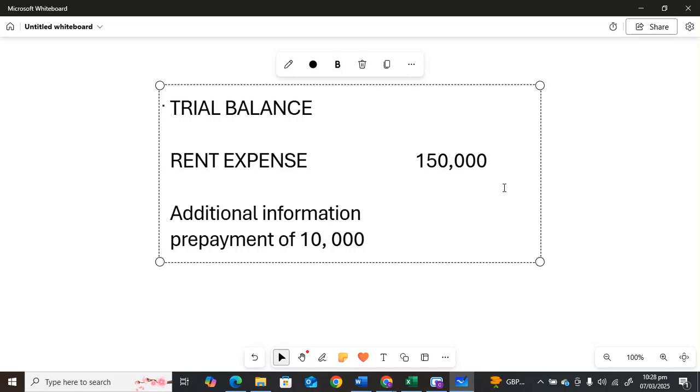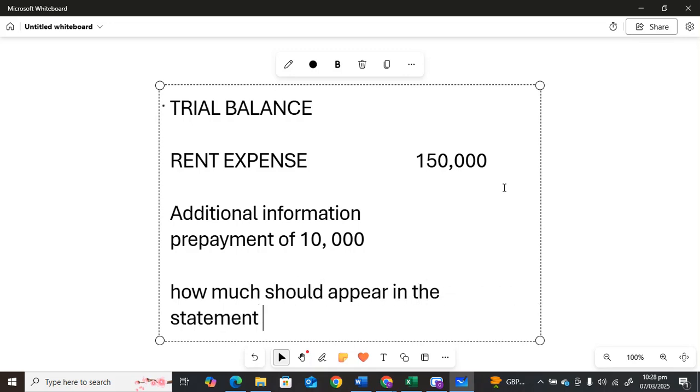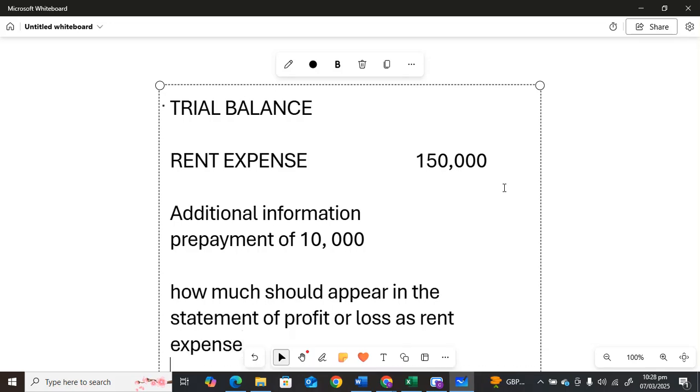So the question is, how much should appear in the statement of profit or loss as rent expense and in the balance sheet as a prepayment?